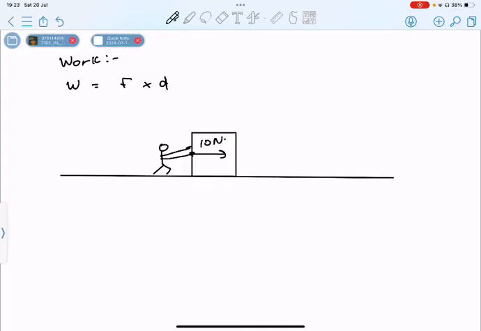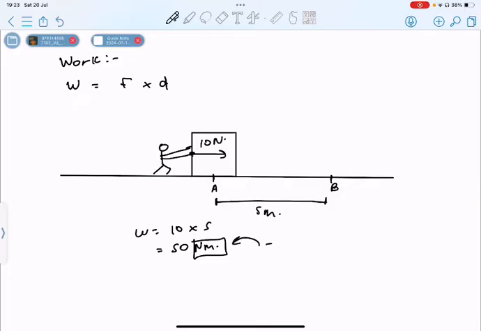That box moves a distance from point A to point B. This distance is 5 meters. The work done by the man will be 10 times the distance along the direction of the force, so times 5, you'll get 50 Newton meter. Newton meter is the SI unit, okay, of work done.